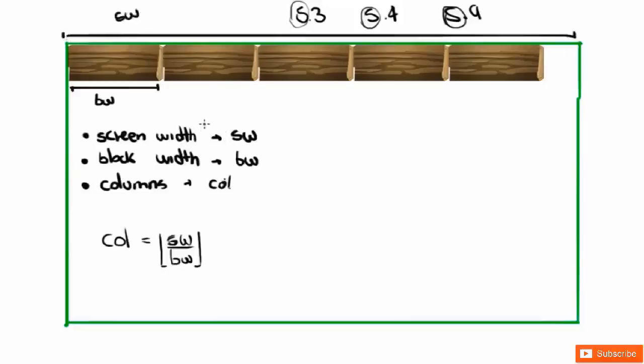Okay, so what I want here is a factor that when I multiply this factor by the block width, and I do this for each column, for each block, I get the screen width.